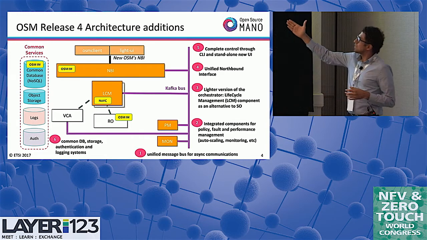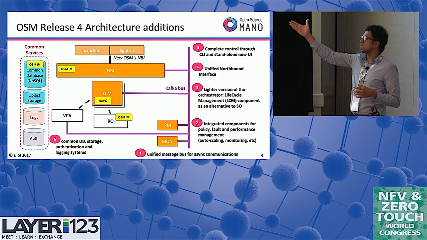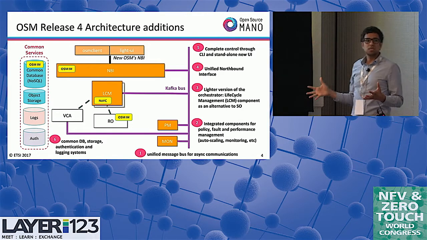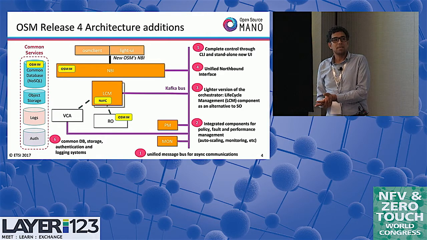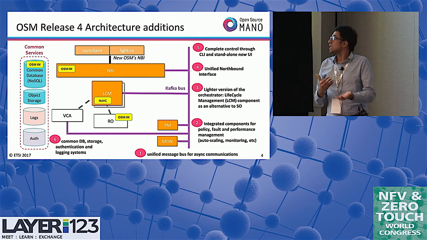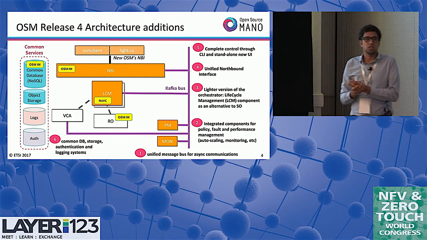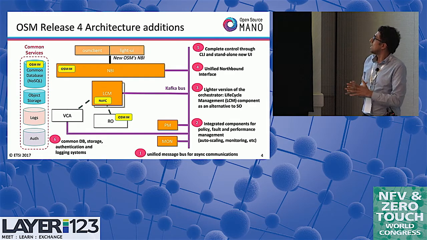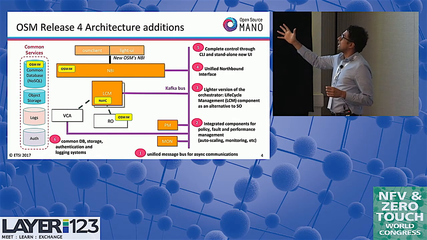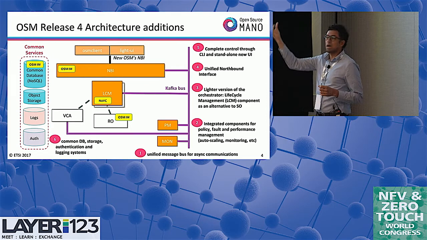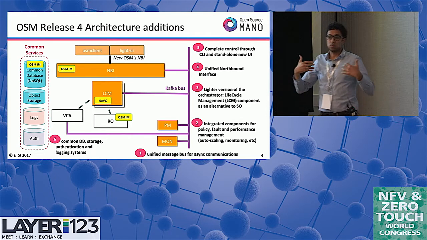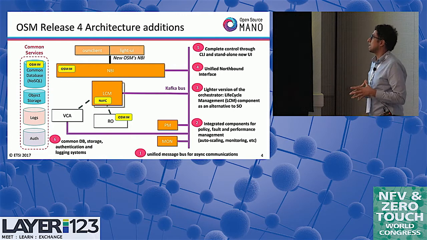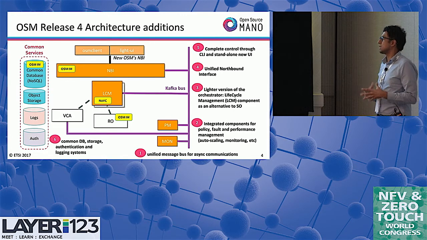So for example, the OSM client, that already existed, but now it has more functions. And we have the opportunity to introduce a new UI that is completely independent from the orchestration model. So it's a standalone model. And finally, we have some common services shared by the whole architecture for the components to become more stateless and the architecture as a whole to become more resilient, right?